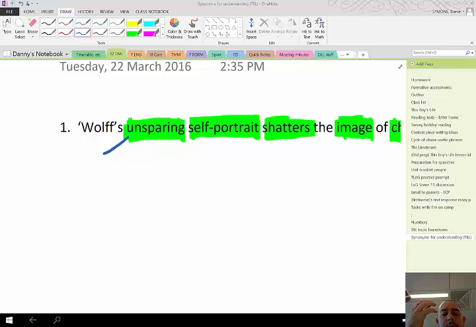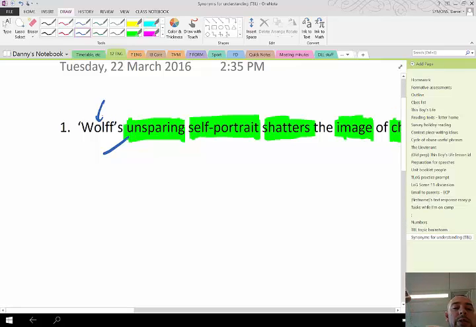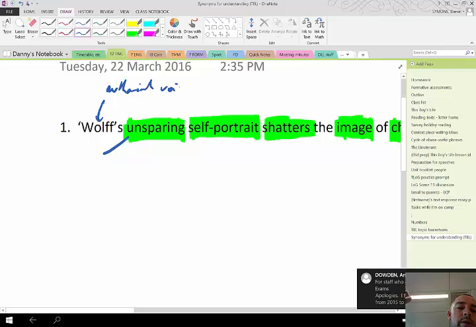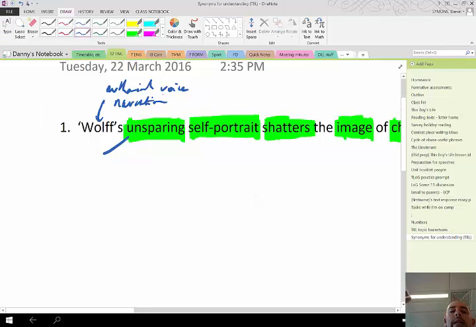So unsparing, I'm applying this to the text. How is the text unsparing, or how is the authorial voice unsparing? If I want a clarification of this one, we're really talking about the authorial voice, and we're talking about his narration. Okay, so that's an important clarification. Now, is it unsparing? Does it not spare any detail?